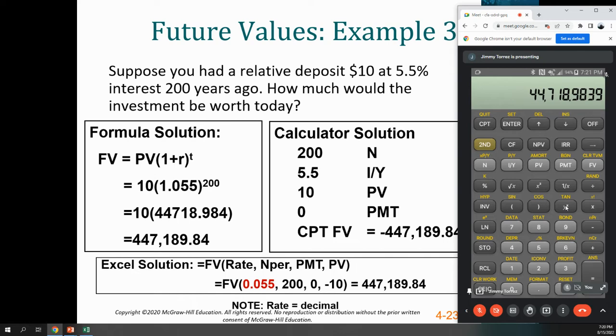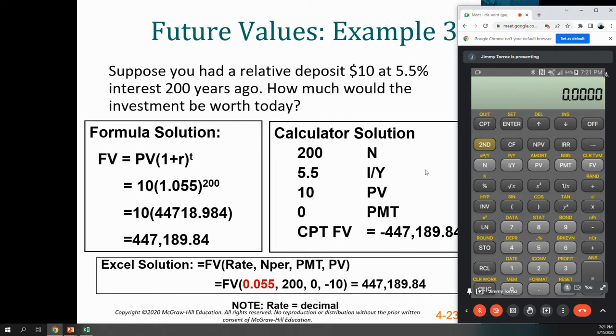And basically, to get our final answer, I want to multiply that by how much he put in, which was $10. That was the present value 200 years ago. So I hit times 10, and I hit equal, and it gives me $447,189, and rounding up, 84 cents. Okay. So we can do this with the calculator.